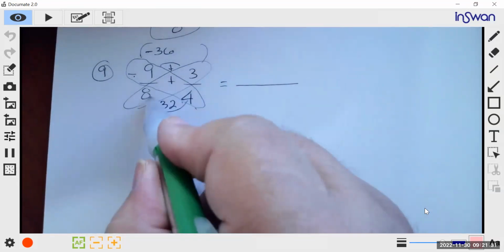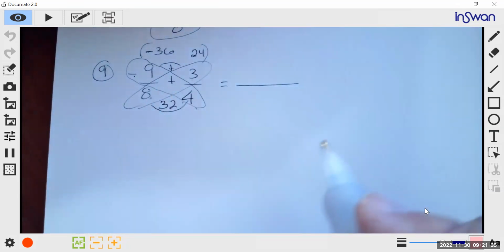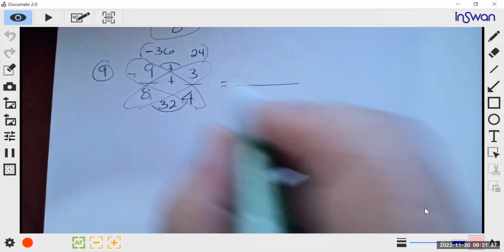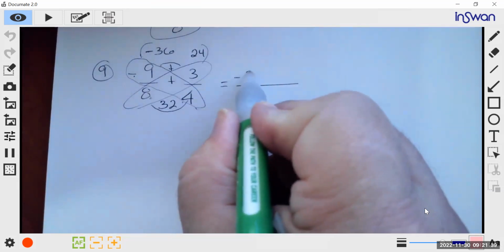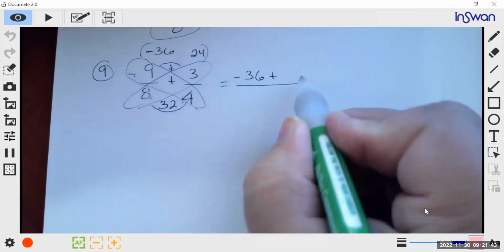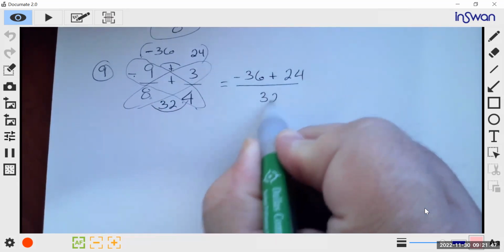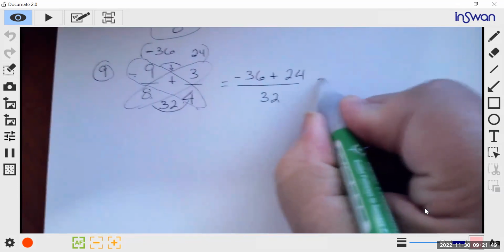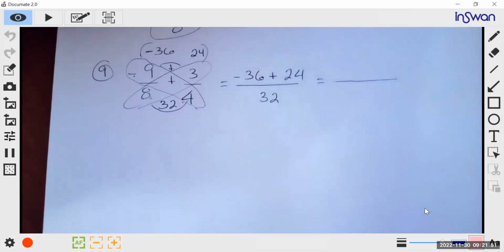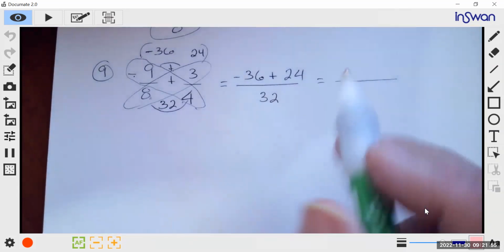And this wing, 8 times 3 is 24. So we have -36 plus 24 over 32. They have different signs.